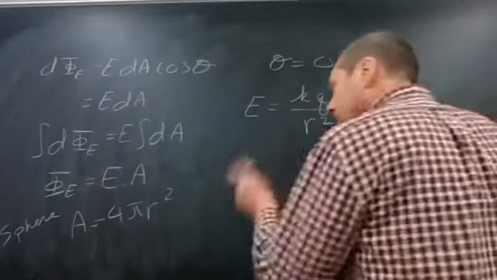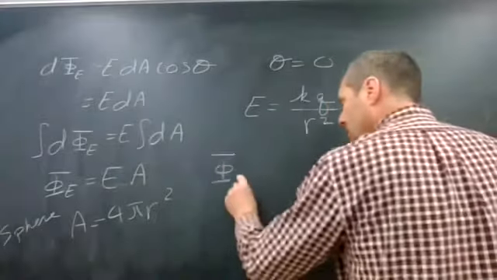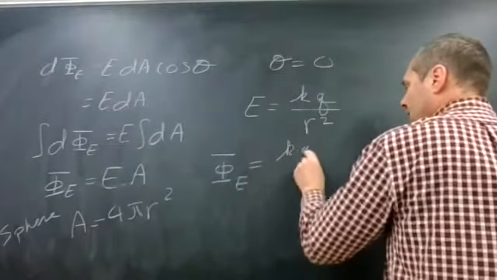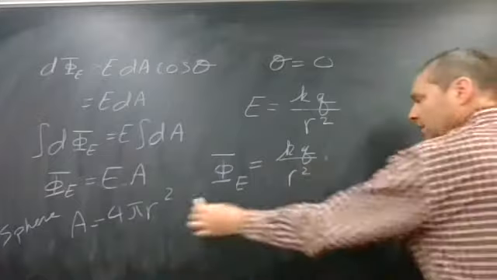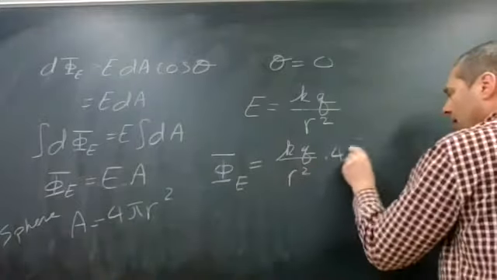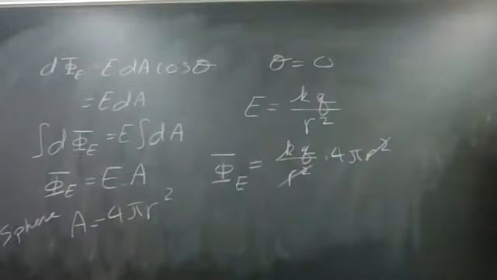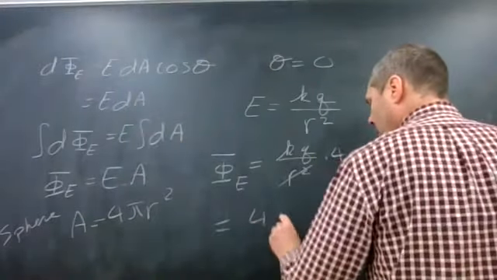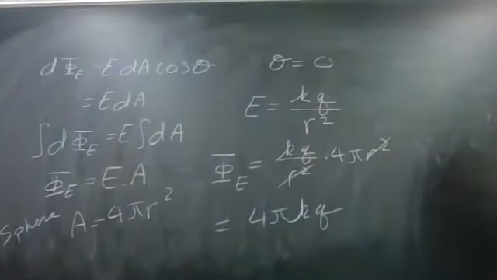So now let's plug this together. Our electric flux is going to be K Q over r squared, times the area, 4 pi r squared. Our r squared terms cancel, and what we get is 4 pi K Q.